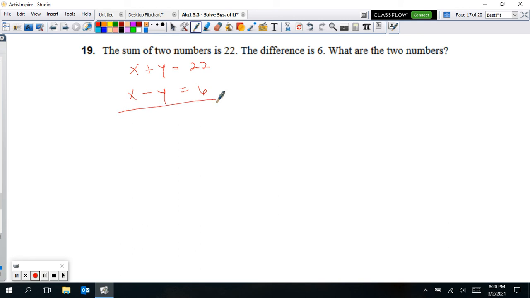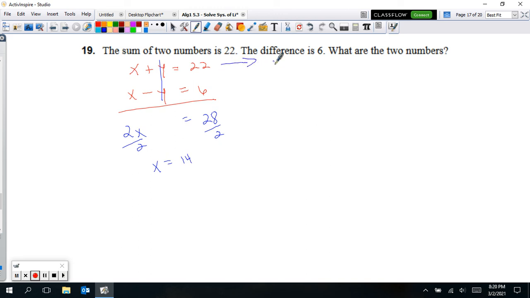Well, just use the process of elimination. We combine these two together, which eliminates the y's, so 2x. This one's a pretty easy one now. The hard part was just writing it down, making sure you write it down correctly. We got 28 here, so divide by 2, and x is equal to 14. And then you plug that back into one of the equations. We can just go into the top one.